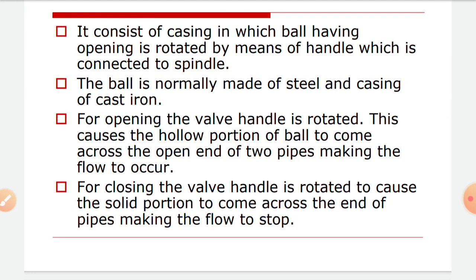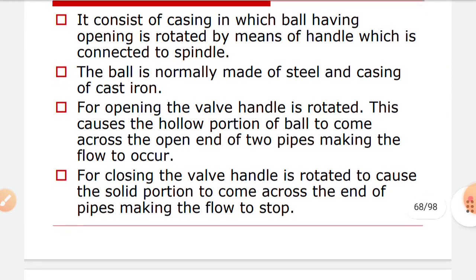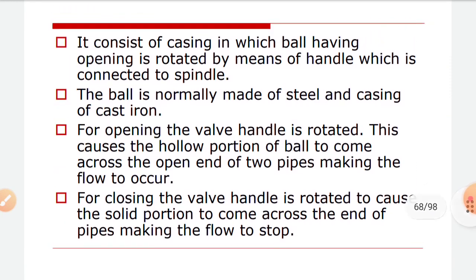For opening, the ball handle is rotated. This causes the hollow portion of the ball to come across the open end of two pipes, making the flow occur. For closing, the ball handle is rotated to cause the solid portion to come across the end of pipes, making the flow stop.